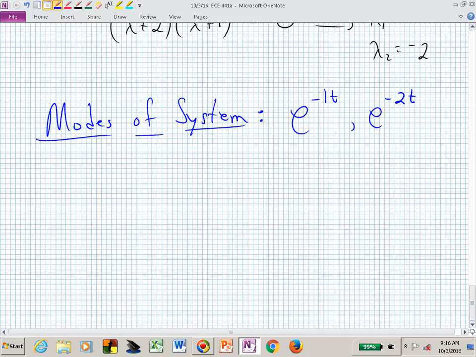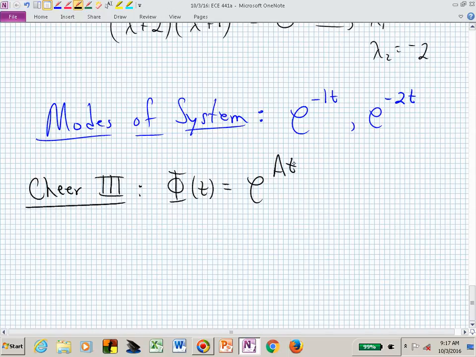So now you could think of these as if they were decoupled in that way. You can also invoke Cheer number 3. What was Cheer number 3? For those that learned it for ID. That was our hunger one, wasn't it? That was phi of t, e to the At, right? So now that's e to the At.